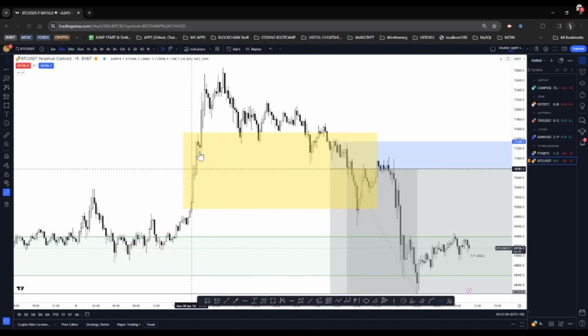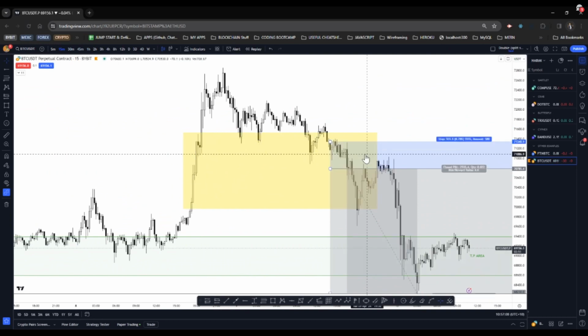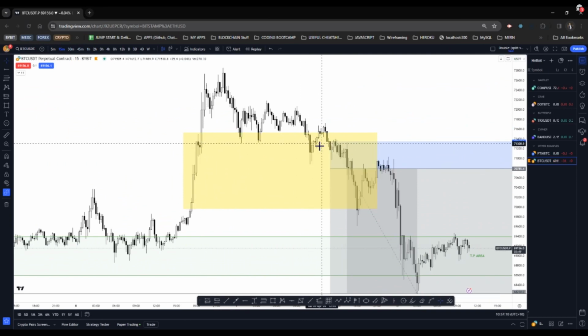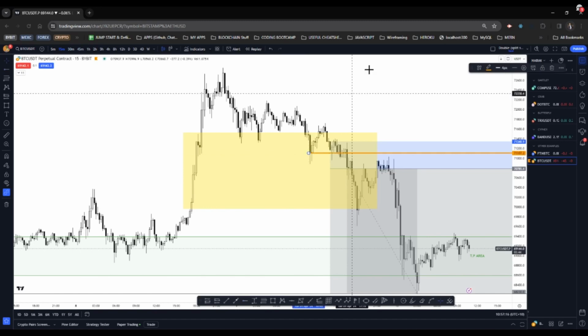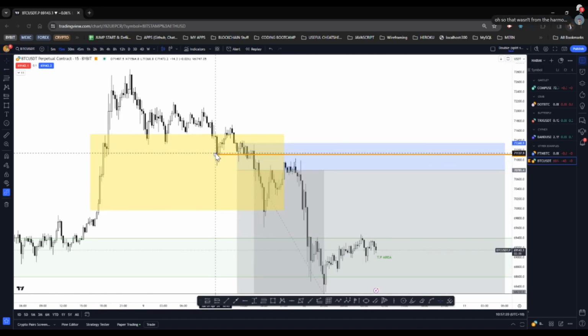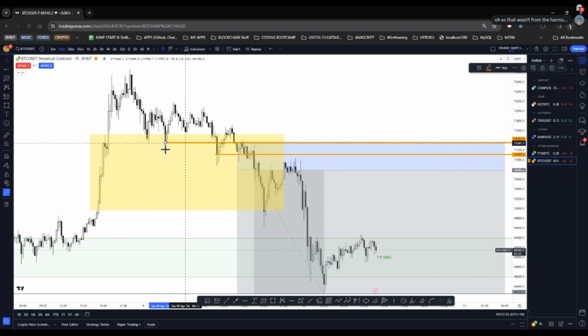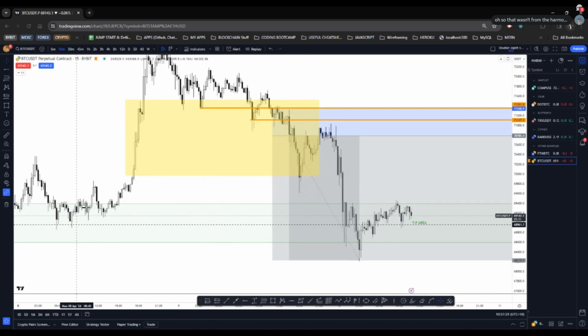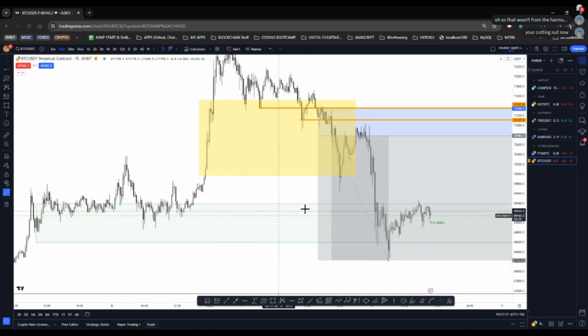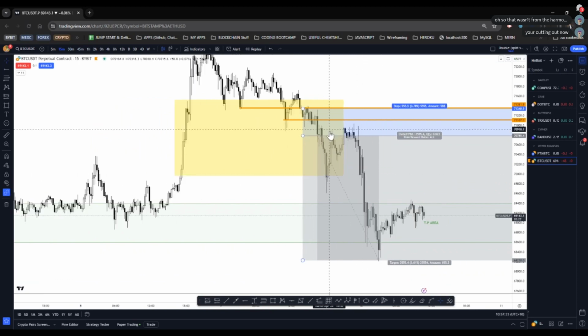This is an area where we know there was going to be selling pressure. There was a reaction there. As soon as I saw this reaction, I thought, okay, I think we're lower. So I saw a break of structure past this low, and really, to be honest, it was past here. But as we kept going lower and lower, I knew we were going to end up somewhere in this area. So I took a short.